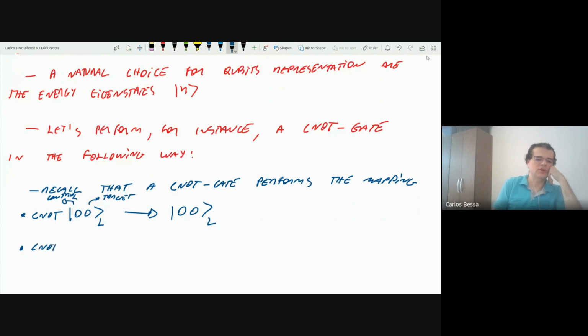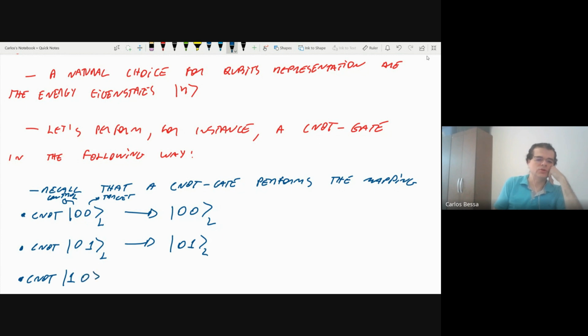So C0 applied to 0, 1, the logic gate, this is still 0, 1. But when the control is 1, it changes. You have the sum in the target.